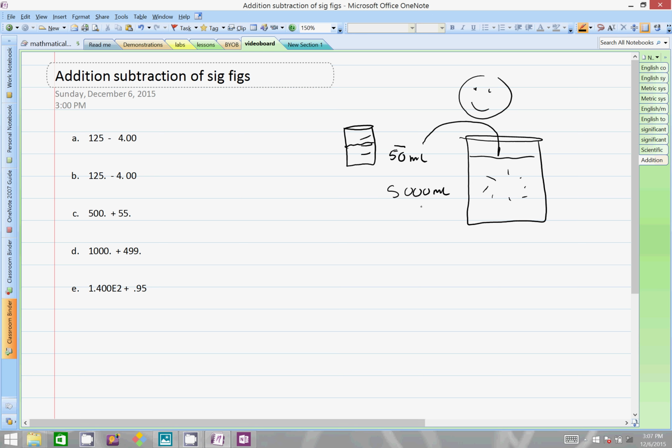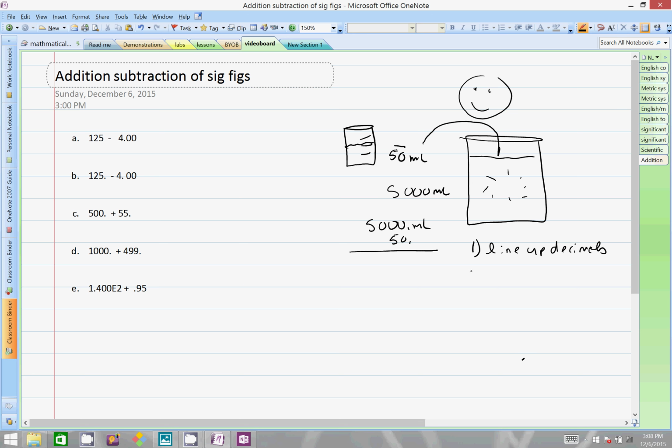Well, just some general addition rules. One, for the sake of clarity, we line up decimals. That's your general addition rule. So I'll take my 5,000 milliliters and line up the 50 to it, so my decimals are lined up.